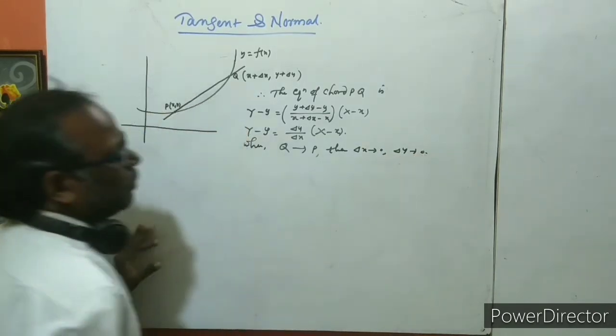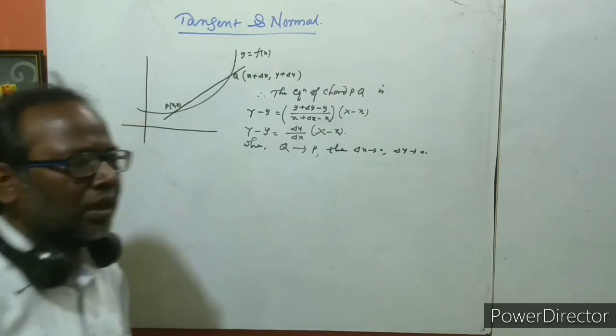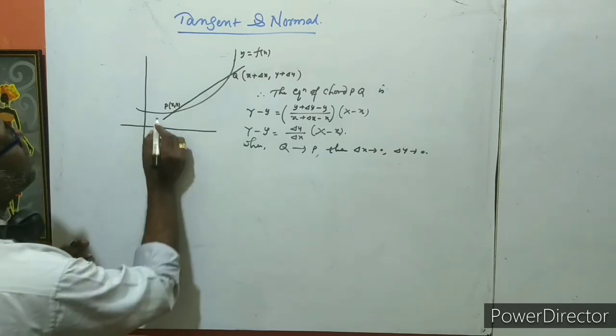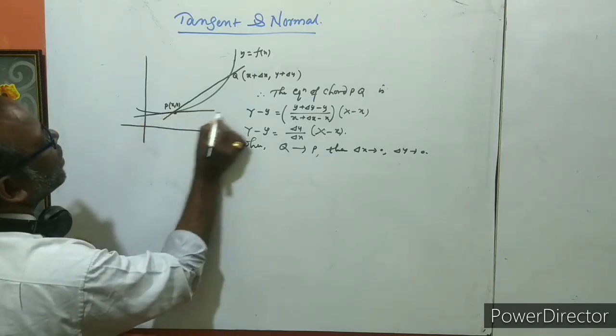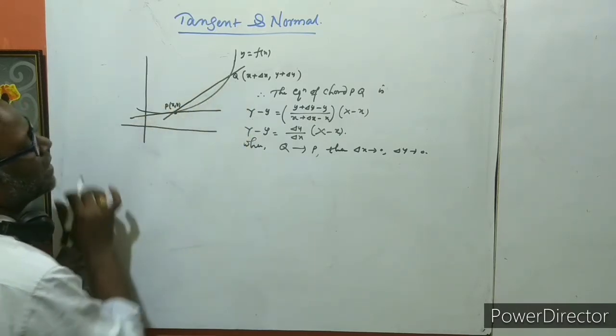Mathematically it tends to 0, not exactly 0, so it is close to P. That is why it forms a tangent at P. The chord PQ is formed into a tangent.